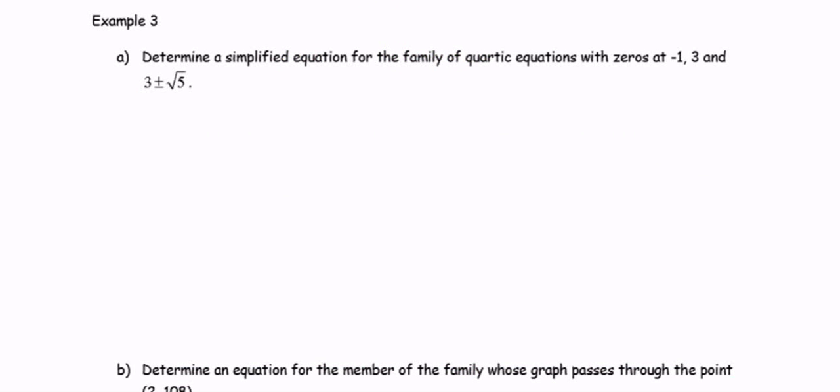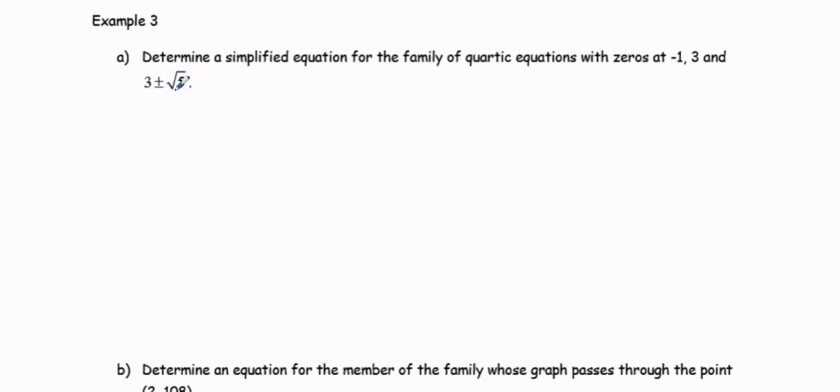Example 3 says, determine a simplified equation for the family of quartic equations with zeros at negative 1, 3, and this funky one at 3 plus or minus the square root of 5. Well, 3 plus or minus the square root of 5 is a real number, and it's just not a whole number or an integer like we're used to.